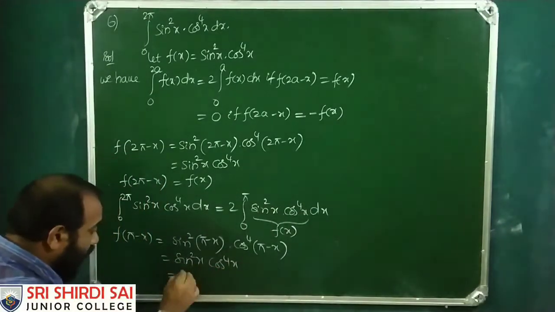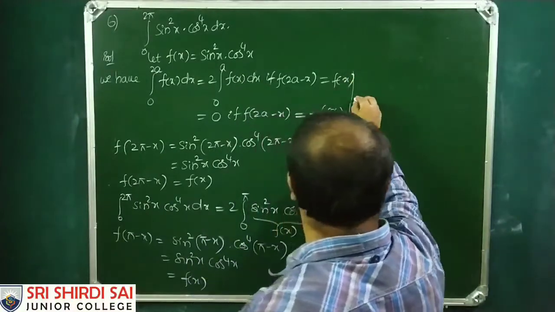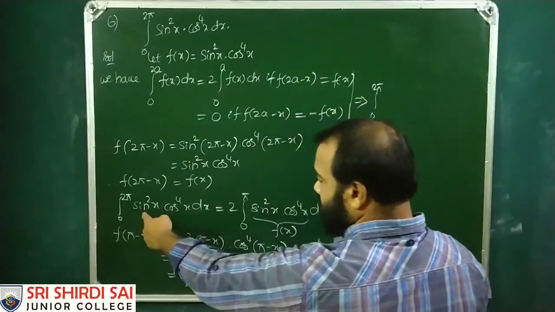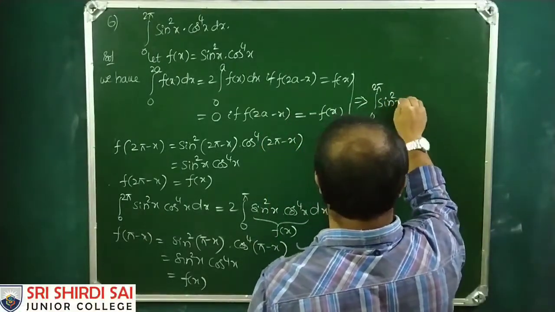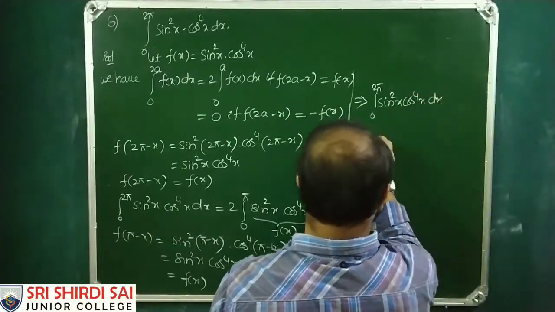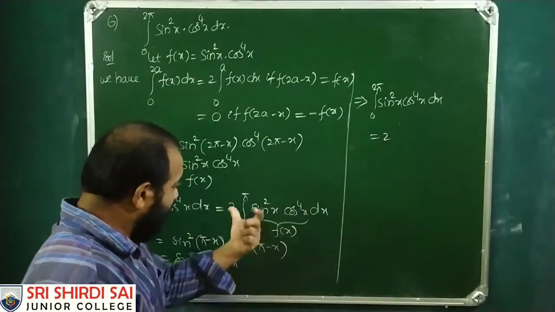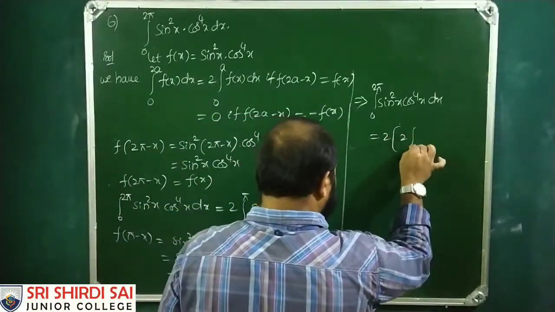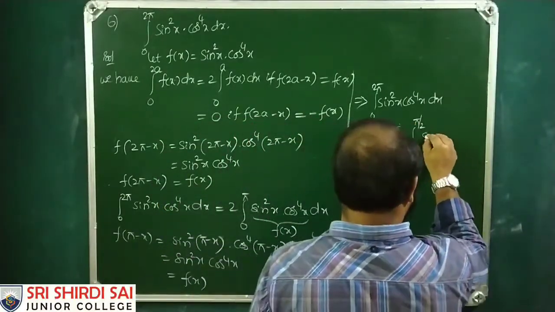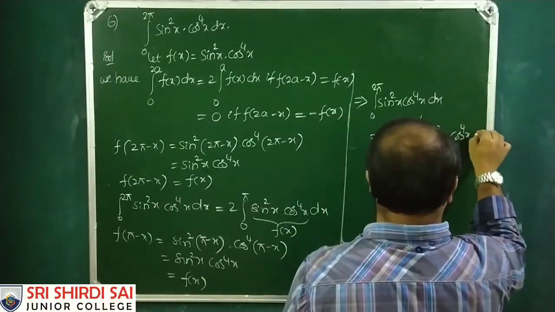Therefore this is f of x. Hence integral 0 to 2 pi sin square x into cos power 4x dx is equal to 2 into integral 0 to pi, it is followed, that's why it will be 2 integral 0 to pi by 2 sin square x into cos power 4x dx.